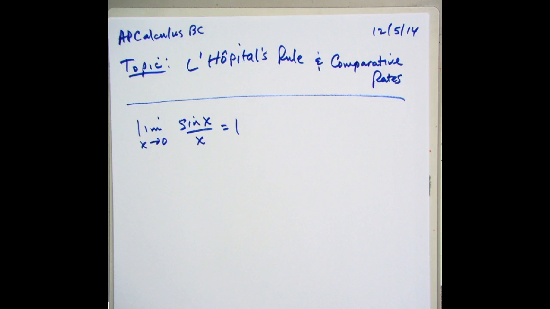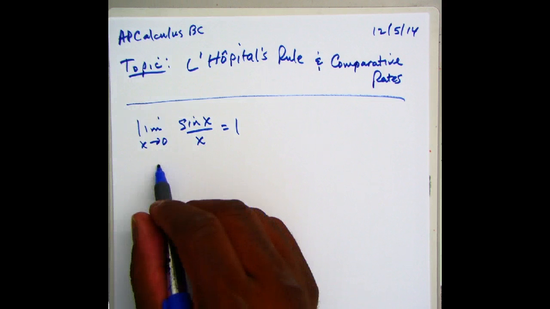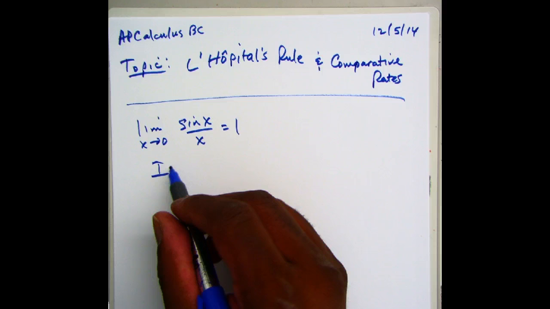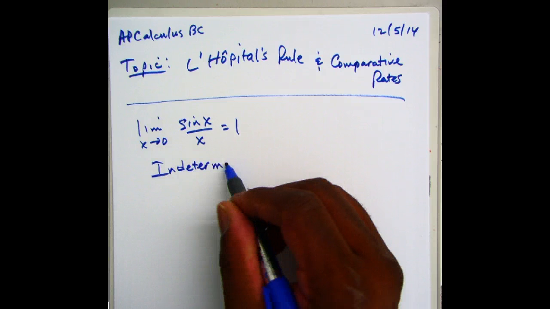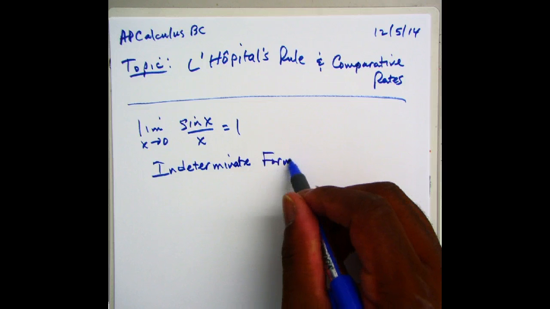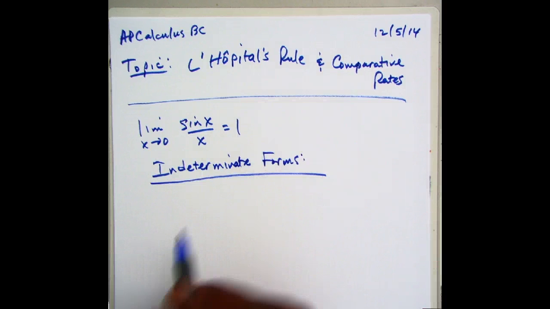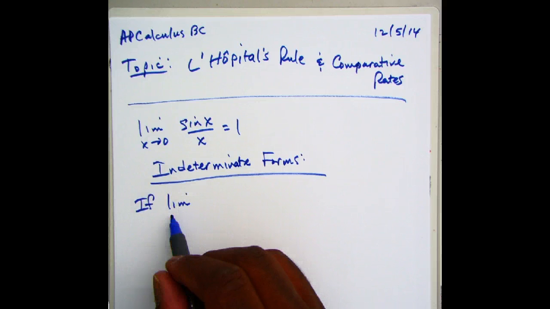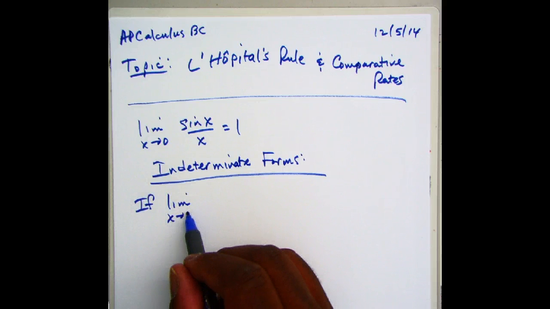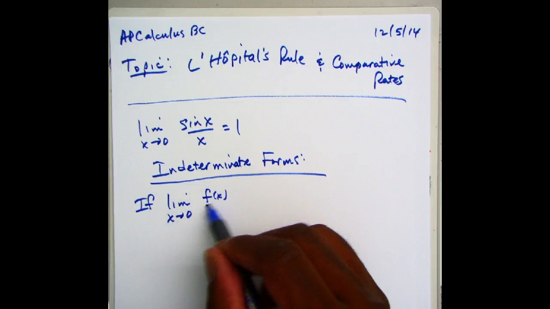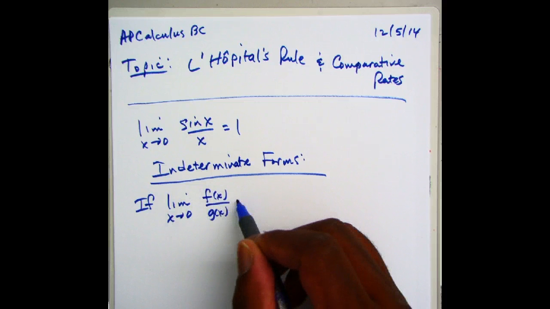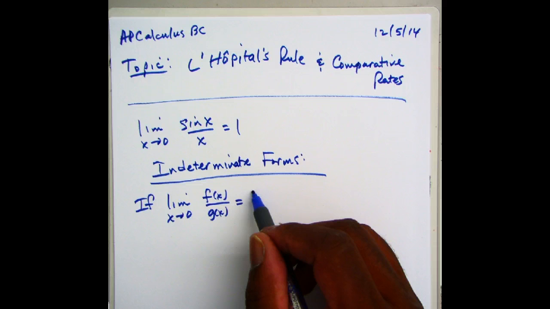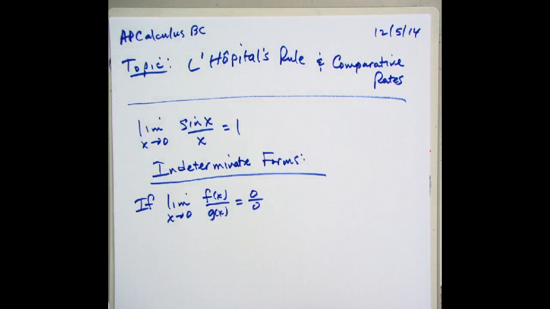And in doing so, we're going to take a look at indeterminate forms. So if the limit as x goes to 0 of f of x over g of x is equal to 0 over 0, then this is an indeterminate form.